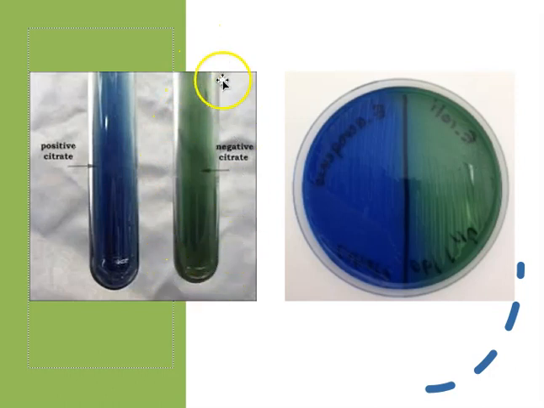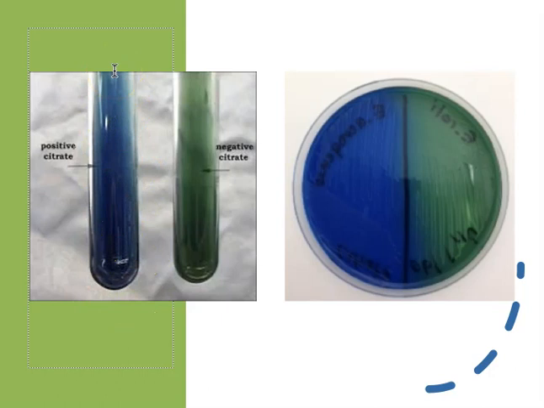This tube over here is what an uninoculated Simmons citrate agar slant looks like. It has this sort of deep forest green color. After incubation, if the bacterium growing on the slant contains citrate permease, we're going to see this happen. The medium is going to change color under alkaline conditions to this blue color.